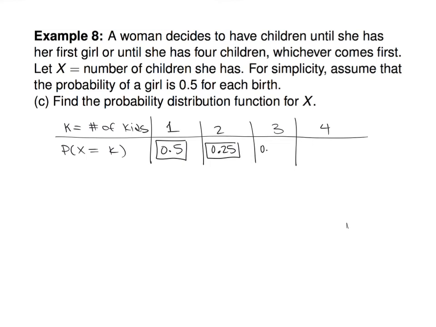Happens probability 0.125. And with 4 kids, either she has boy, boy, boy, girl, or boy, boy, boy, boy. So this is 0.0625 plus 0.0625, which adds up to 0.125. And that's our probability distribution function.